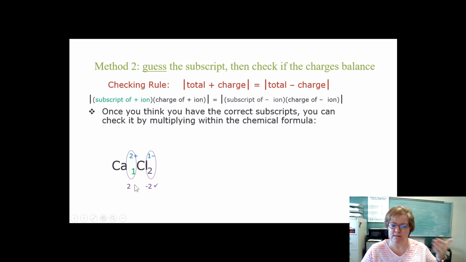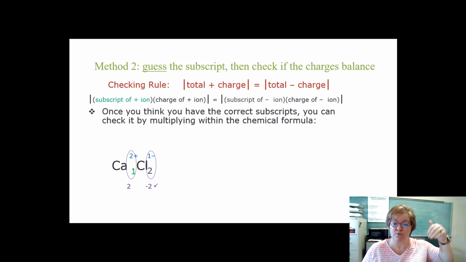So 2+ times 1 would be 2. 1- times 2 would be -2. +2 and -2 do cancel each other out. They're the same size but opposite in charge, and so this would be neutral. So we can always use this checking rule. The subscript of the positive ion times the charge of the positive ion is the total positive charge.